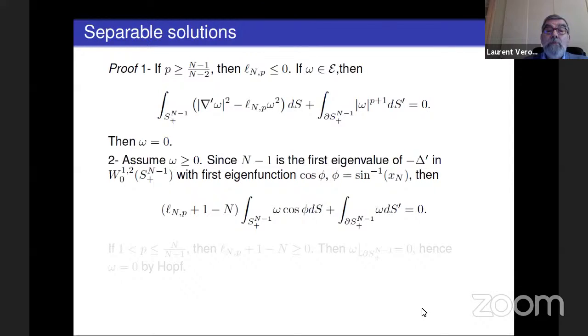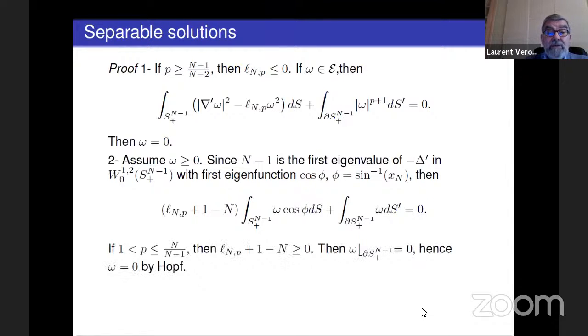In W^{1,2}_0 of S^{n-1}_+, the first eigenfunction is cosine phi, which is the arcsine of x_n. Now you multiply just by cos phi and you integrate. What you get is this relation: (l(p+1-n)) times the integral of omega cos phi ds plus the integral over the boundary of omega ds' is 0.